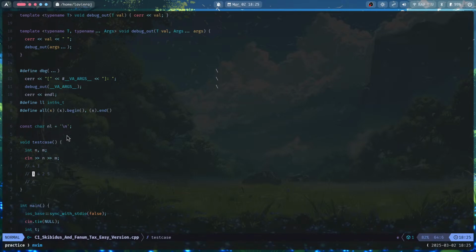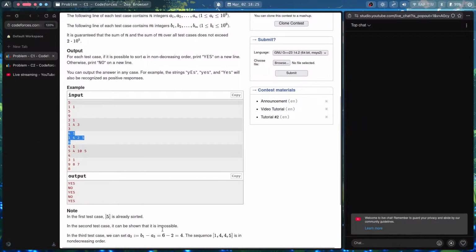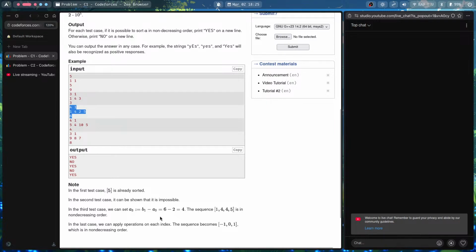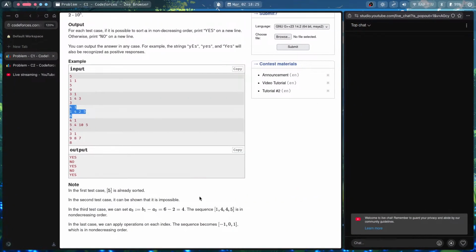So what we have is 4 elements and m equals 1, and it chooses b1.